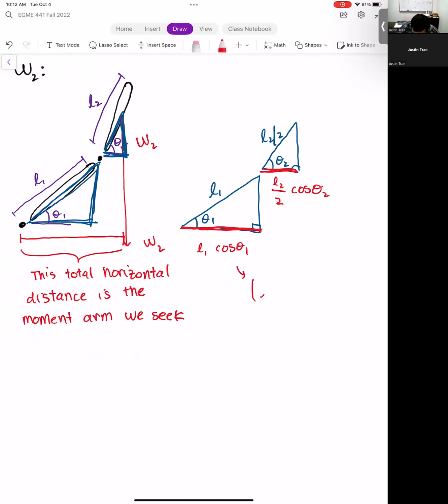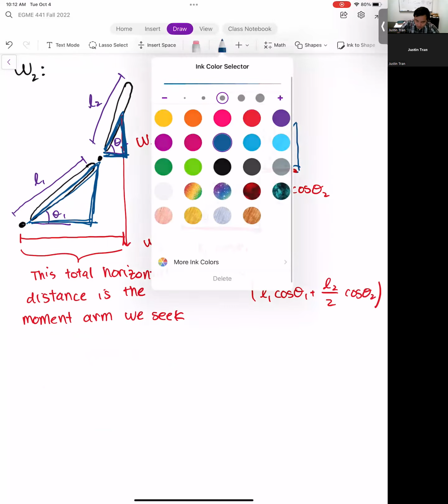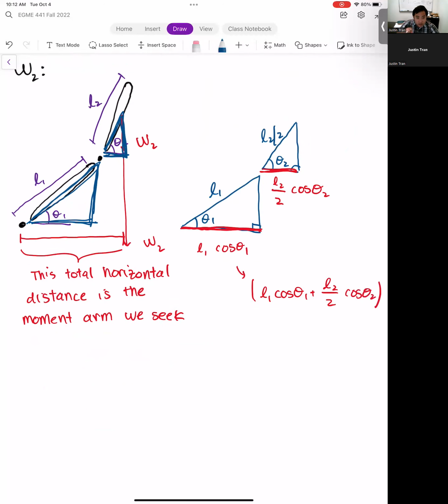And so we're going to have L1 cosine theta 1 plus L2 divided by 2 cosine theta 2. Okay. And so if that's the moment arm, then we are going to multiply this by the magnitude of W2, and that's going to give us the moment, excuse me. So total moment.